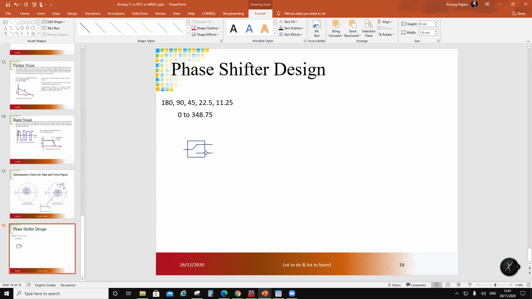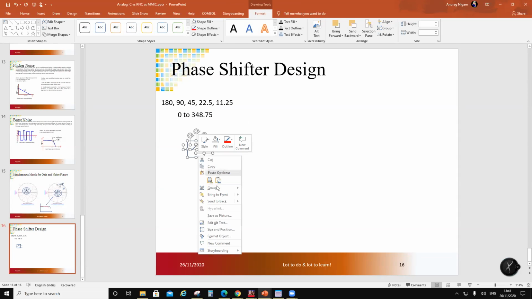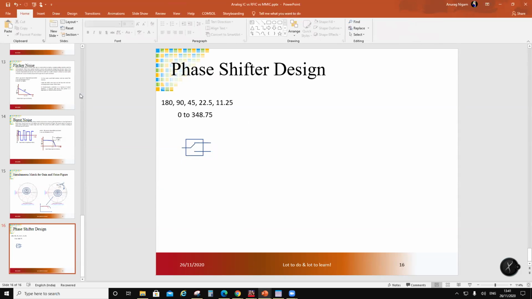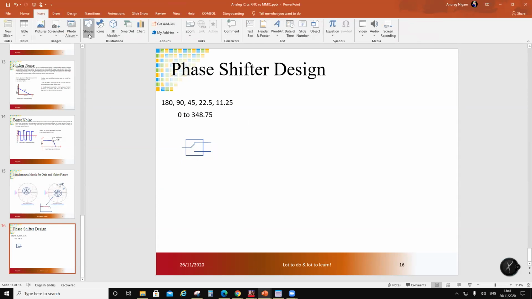So this is a single pole double throw switch. I have to make this switch such that it has the least insertion loss and the highest isolation. So this off isolation should be the highest and the on insertion loss should be the least. So this is the switch I have to do. And then I will add to this these delay elements.